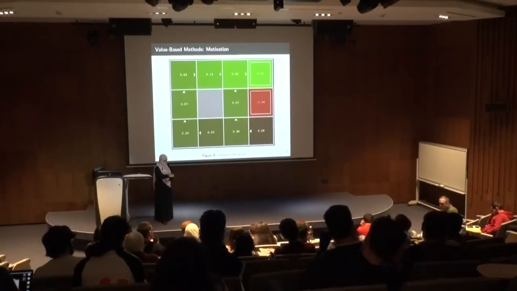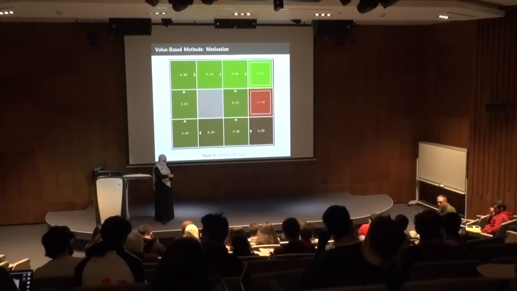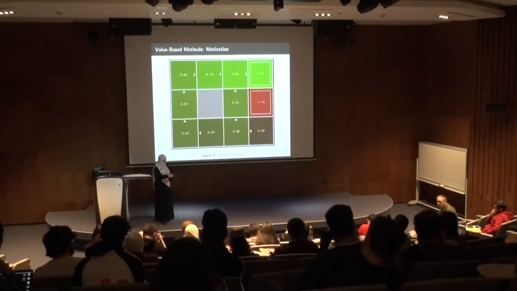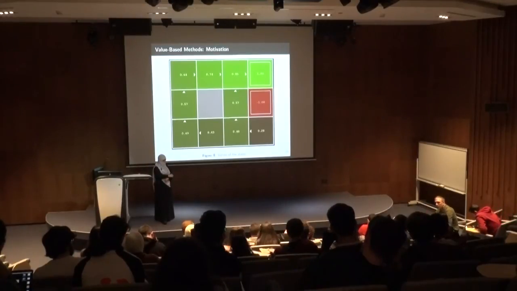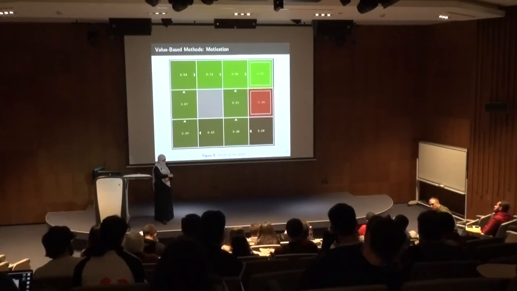Or, like Julia said, if you're trying to make decisions on task distribution in a computing environment, CPU memory usage, energy consumption could be a reward function that you can use. And obviously, these are losses, so you have to do something, like reverse 1 over, to make them rewards.